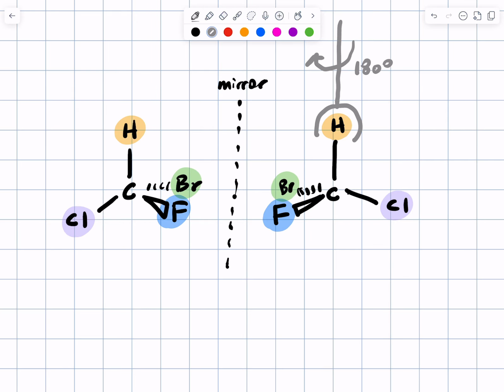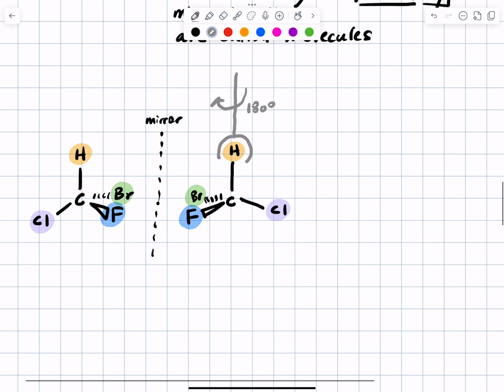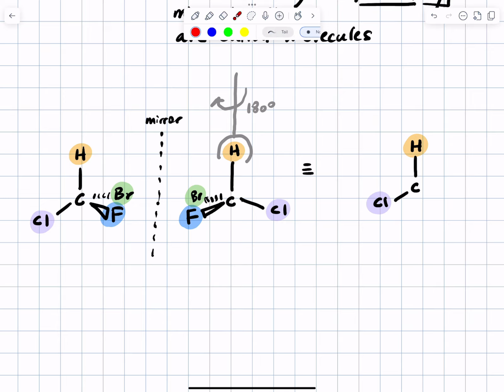So spin that molecule around 180 degrees, and then let's redraw it after the claw-inator has done the operation. Now the chloro is going to be pointing back to the left, and the hydrogen is still going to be up. The reason I'm doing the claw-inator is because I want to see if I can line up the hydrogen and the chlorine as they are over here.